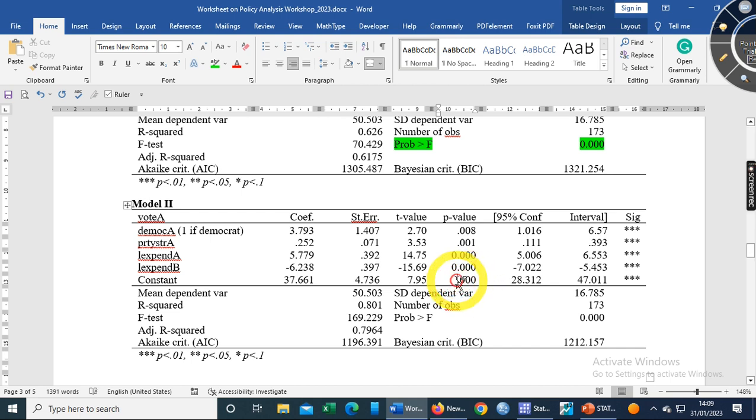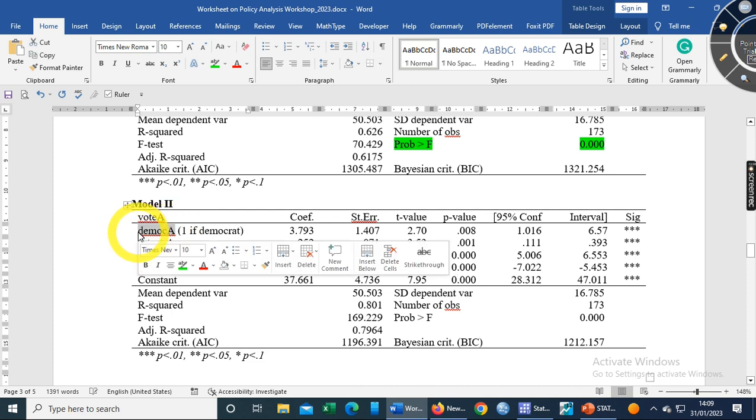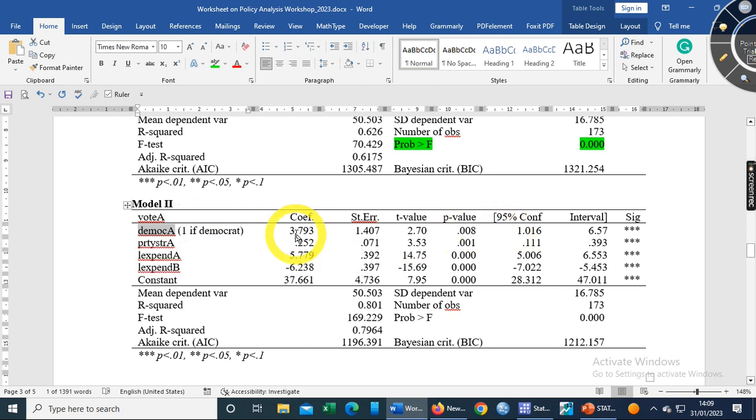More specifically, the coefficient of Democ A, which captures whether the party is Democrat or not, is statistically significant, and the coefficient is 3.793. This implies that a Democrat party has a higher vote.